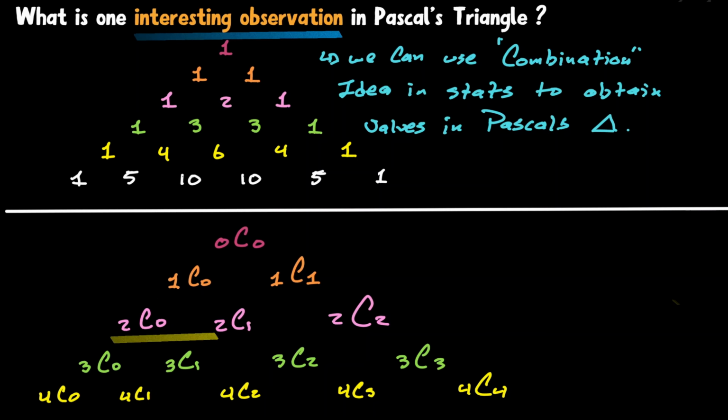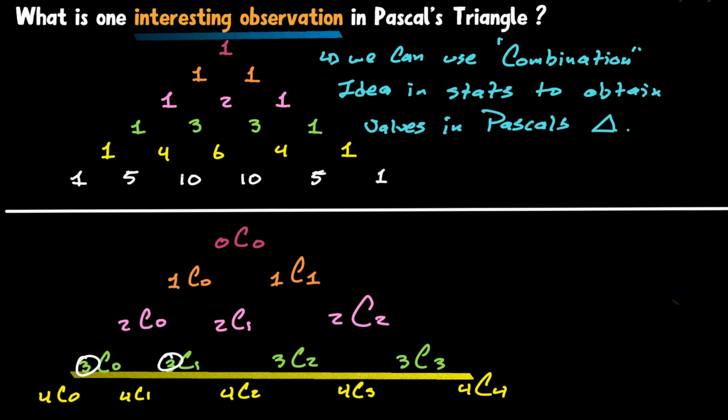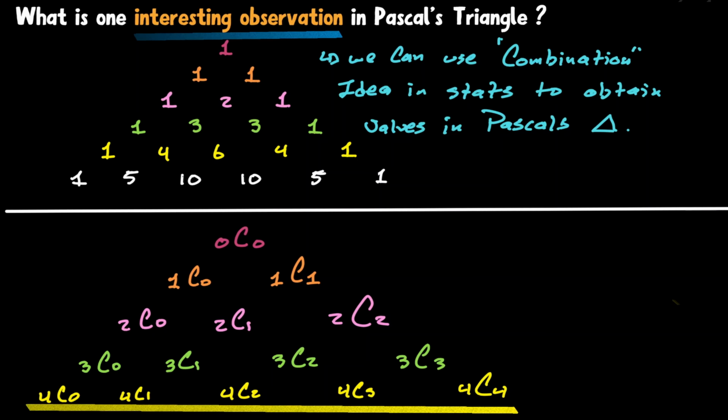When I was defining the second row, the left-hand side of the combination, I was always using the value of 2. When I was defining the third row, the left-hand side of the combination was of a value of 3. When I was defining the fourth row, the left-hand side of the combination, I was always using a value of 4. So the left-hand side of the combination will always indicate the row number.